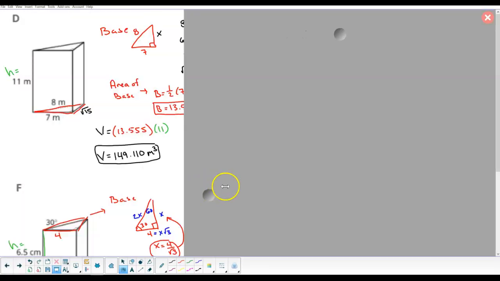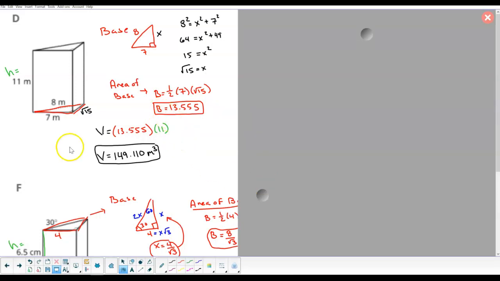If you chose D, this one required a little bit more work. You can see the base is a triangle. We know one leg and one hypotenuse of a right triangle. So the first thing you need to do, I just redrew the base here. I have to find the other length using the Pythagorean Theorem. So c squared equals a squared plus b squared.